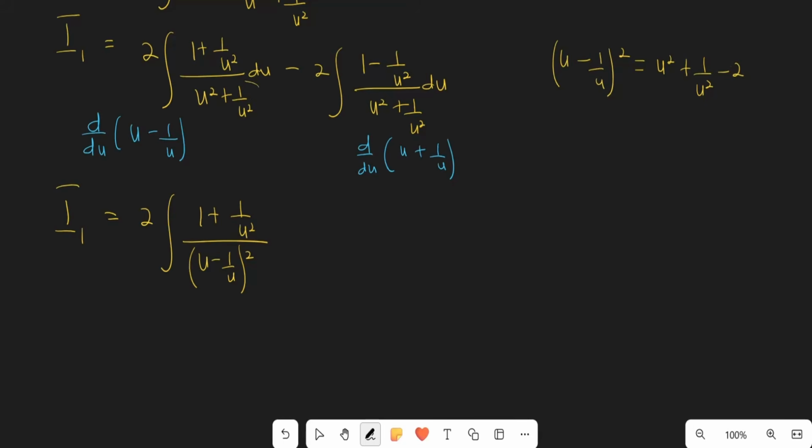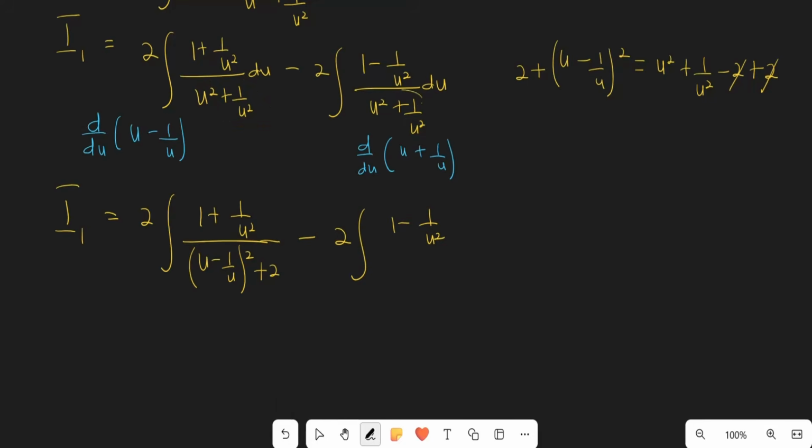But there's no minus 2 here. For me to cancel that minus 2, I have to add 2 to the right hand side. For me to nullify the effect, I have to add 2 to the left hand side. So this and this will cancel, then we are left with u squared plus 1 over u squared. So that means I have to add 2 here, so that will be equivalent to the denominator here. Minus 2 times the integral of (1 minus 1 over u squared), right?